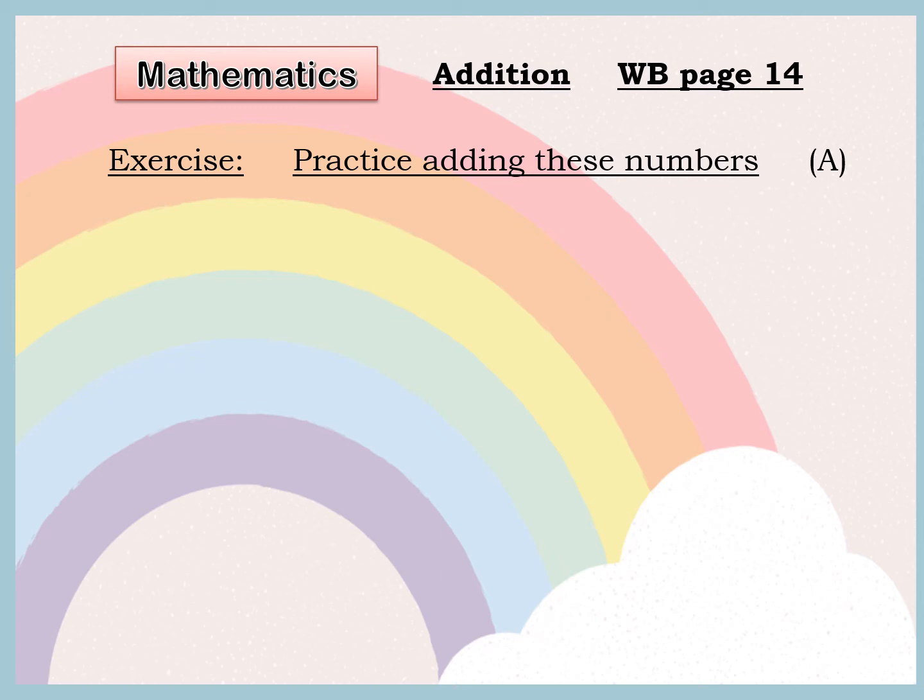So first set, we have 10 questions. First question, we have 4 plus 3. Can you write it down on a piece of paper? 4 plus 3. Next, 5 plus 2.